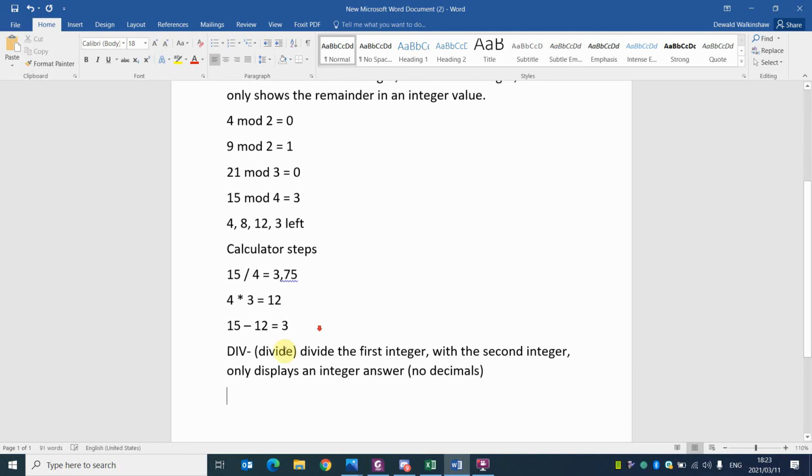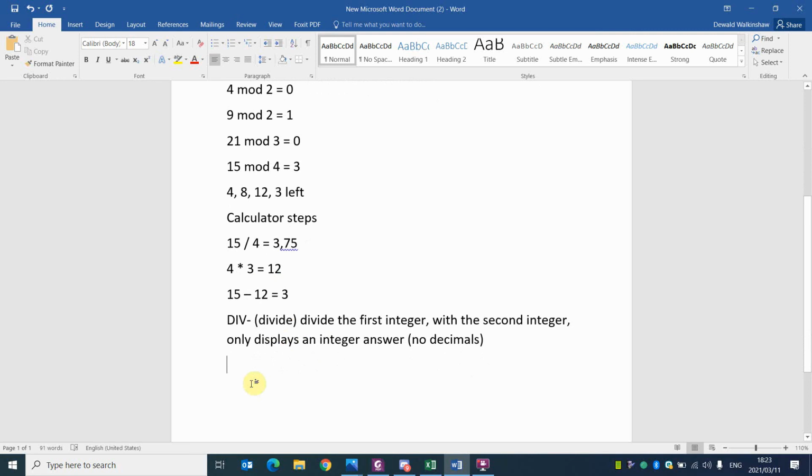That means no decimals. For instance, what is 6 div 2? What would that answer be? It would be 3, because why? You take the first one, what is 6 divided by 2? It's 2, 4, 6. It's 3. Let's say you have 5 div 2. What would the answer be here?